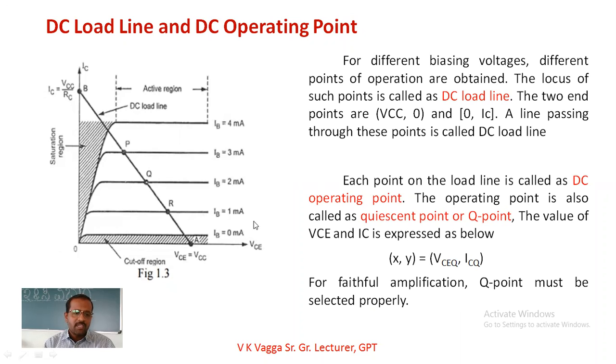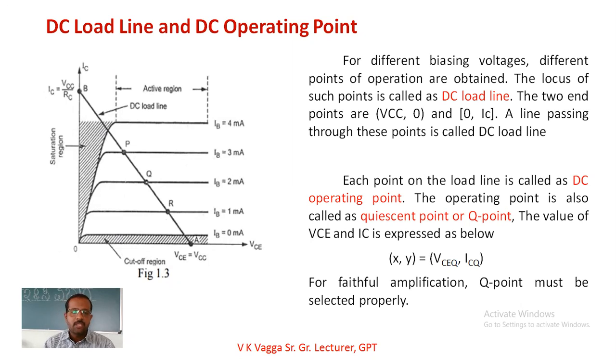Again, I am going to repeat. If you draw the graph of VCE versus IC, with VCE along the x-axis and IC along the y-axis, this shaded part is called the cutoff region, and this shaded part is called the saturation region. In between the cutoff and the saturation, it has an active region.